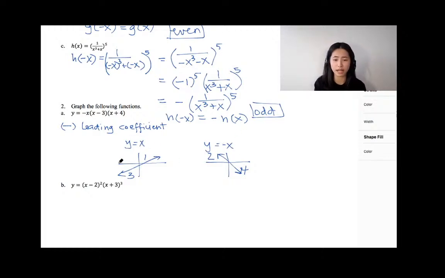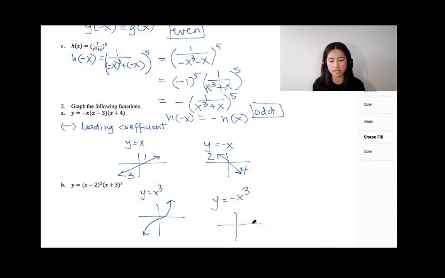Same thing really applies for example, y is equal to x cubed, right? Which is what we know is an odd function. So we have something like this. We know that it's quadrant 3 and quadrant 1 when it's positive, and if it's negative x cubed, we know that this is quadrant 2 and quadrant 4. And guess what? It's similar to y is equal to x squared, right?